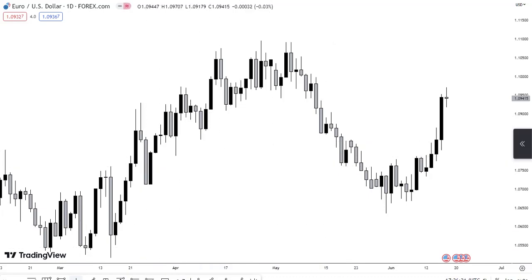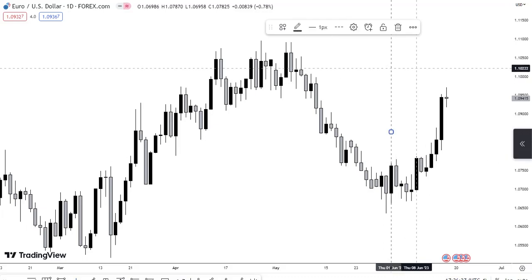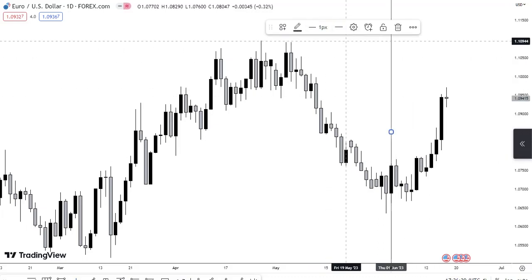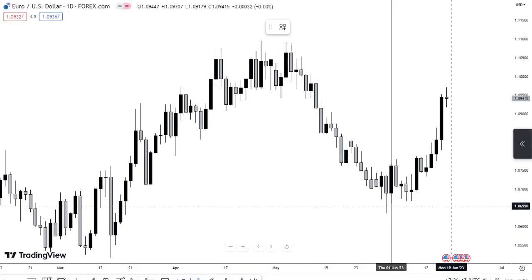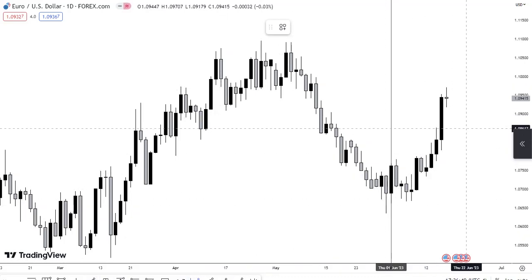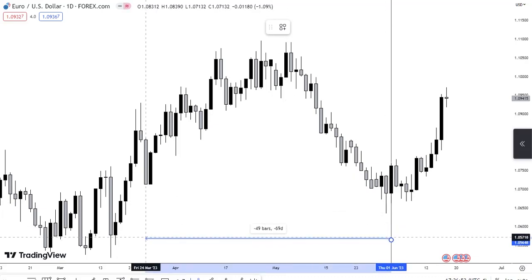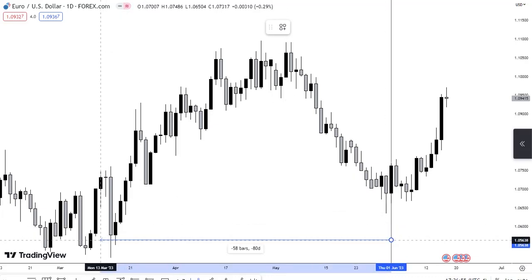So the first thing I tend to do, right, is I mark out the first day of the month, which is 1st of June, right, 2023. And the most relevant price regarding our price range on the daily time frame is the last 60 days, if it makes sense, which would be right here.